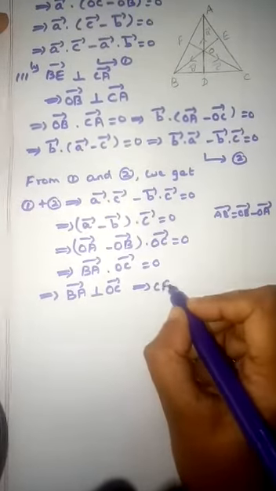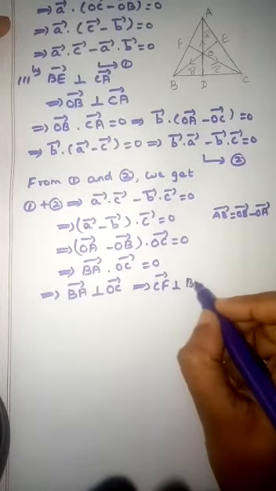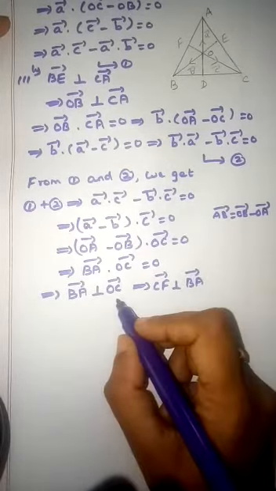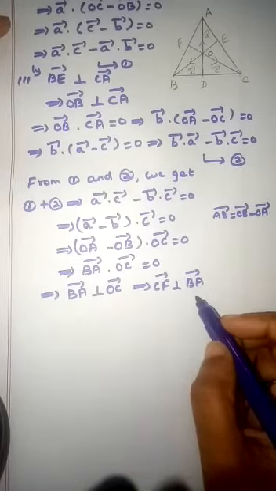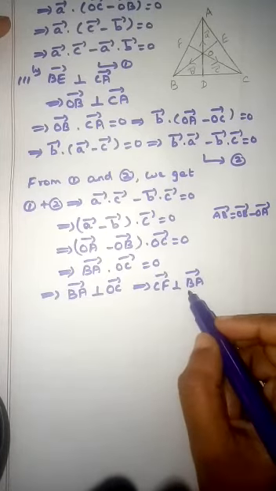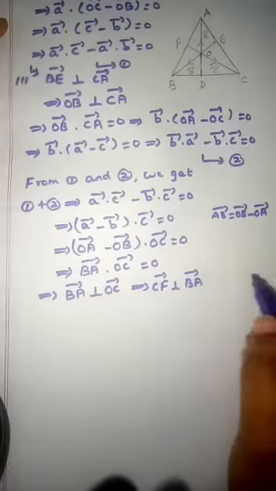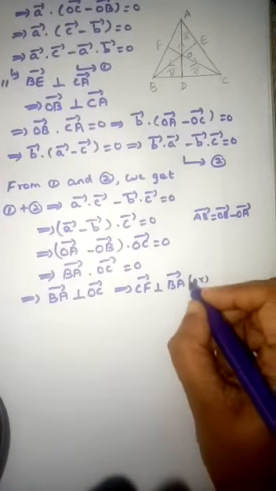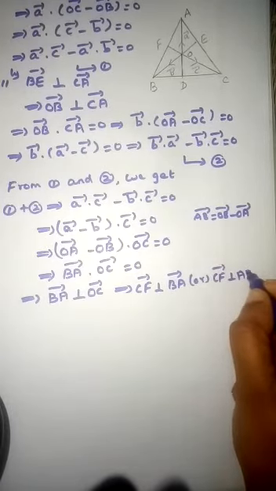So CF is also perpendicular to BA vector. Instead of OC vector I am writing CF vector. BA vector or AB vector also you can write. CF is perpendicular to BA means CF will be perpendicular to AB also. So you can write like this, CF vector is perpendicular to AB vector.